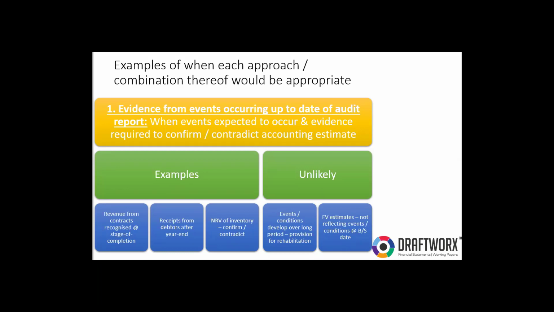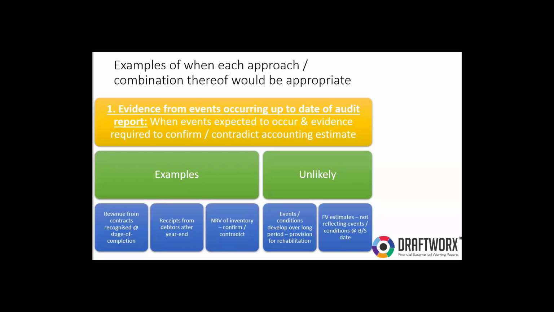But it's very unlikely that this particular approach would be appropriate when events or conditions develop over a long period of time. For example, the provision for rehabilitation of a site, or fair value estimates, because that would not be reflecting events and conditions at the balance sheet date, because it's now subsequent to balance sheet date that you're looking at. So evidence after that. So it's not at the right period.